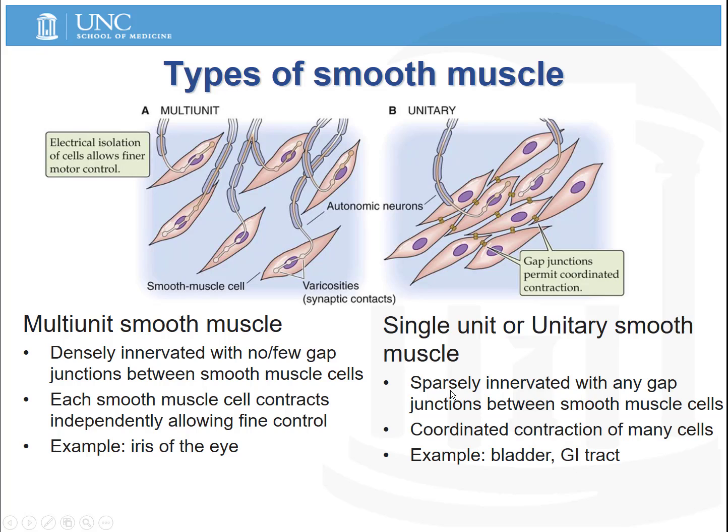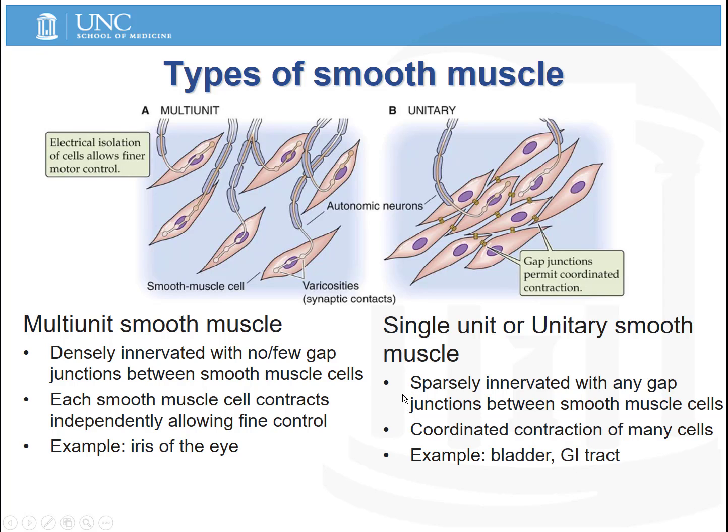And then in this single unit or unitary smooth muscle, there's much less innervation, but much more electrical coupling between cells through these gap junctions. So there's lots of gap junctions between these smooth muscle cells, and that allows a group of cells to contract together in a coordinated way.